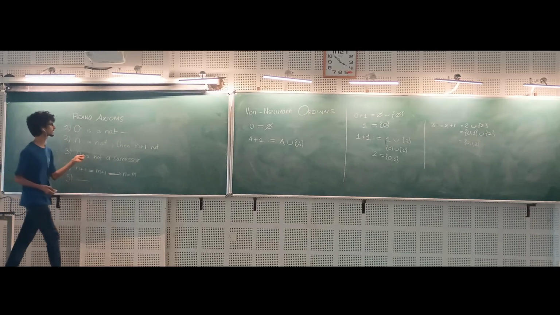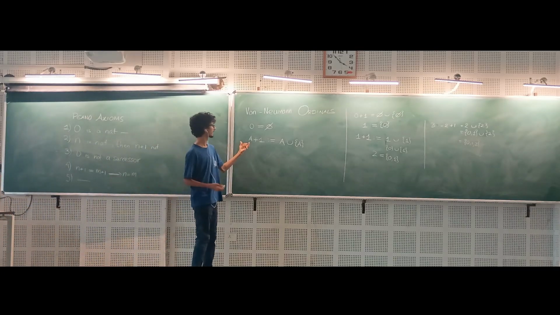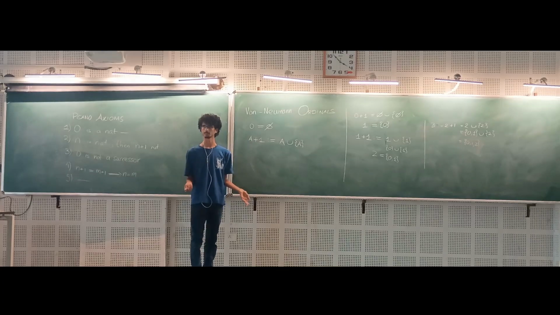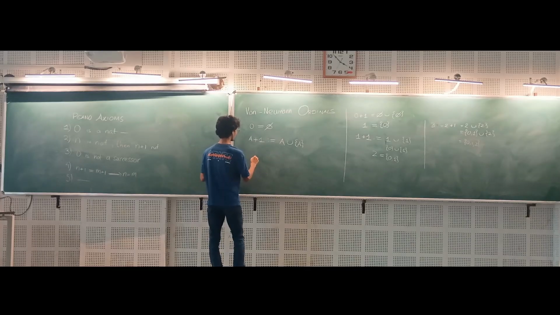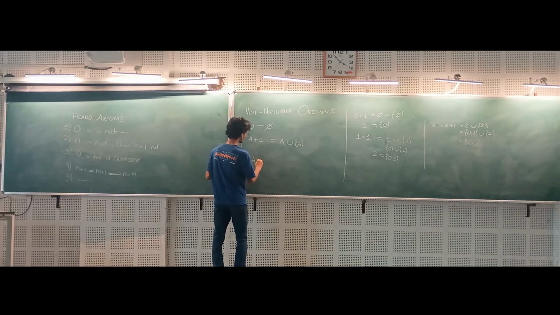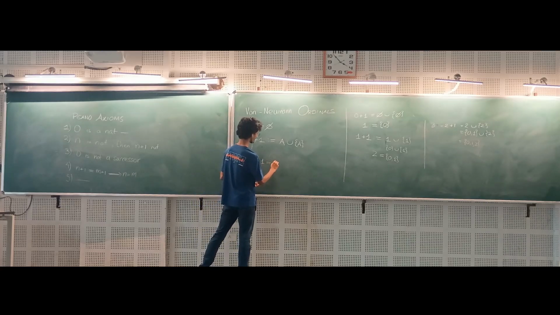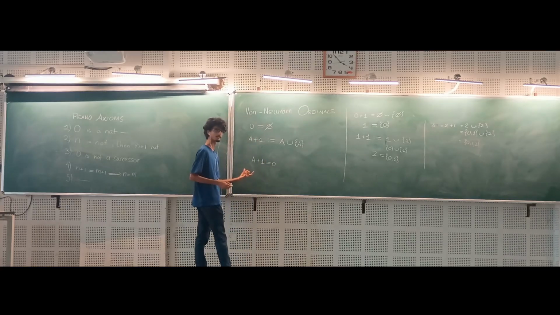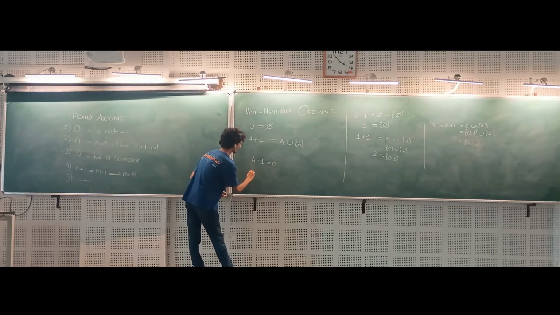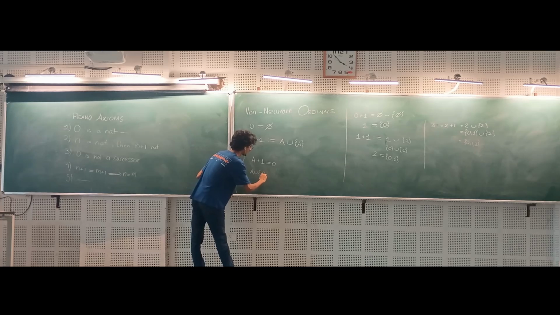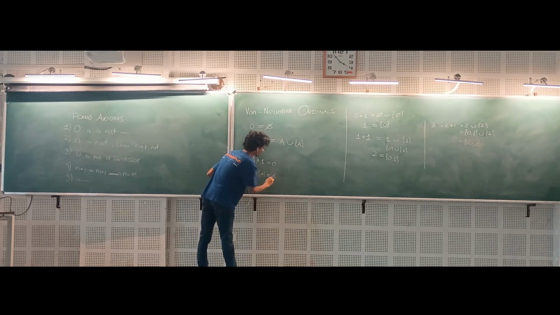So 0 is not a successor. I need to show that 0 is not a successor of anything. To the contrary, if A plus 1 was 0, then what would happen? A union singleton A would be empty.